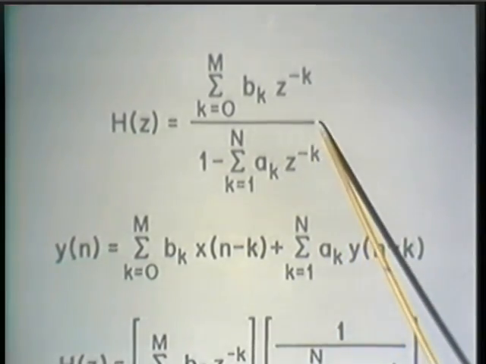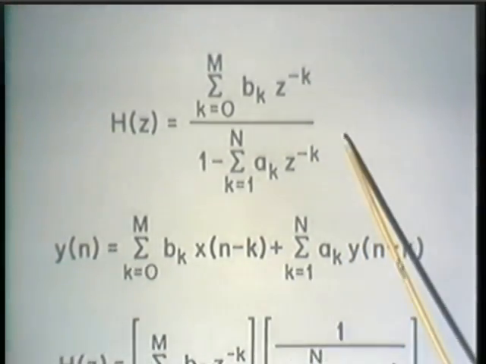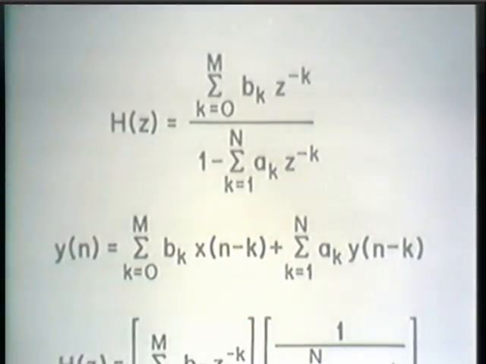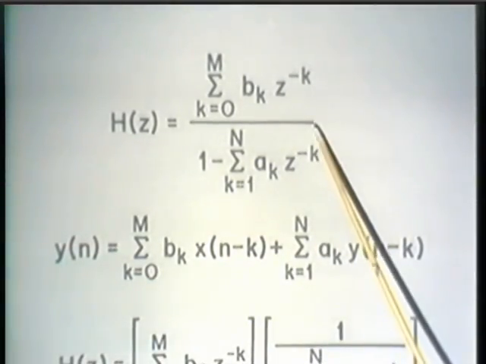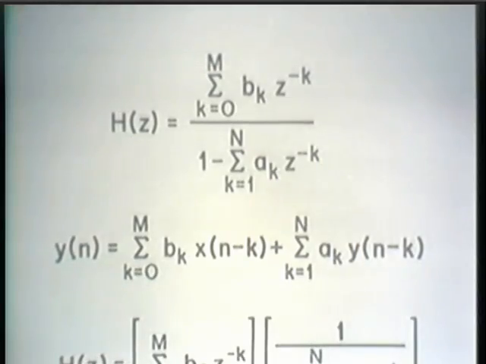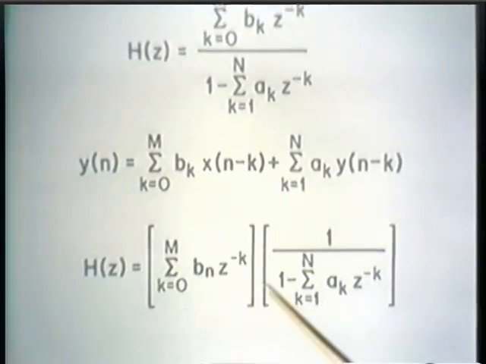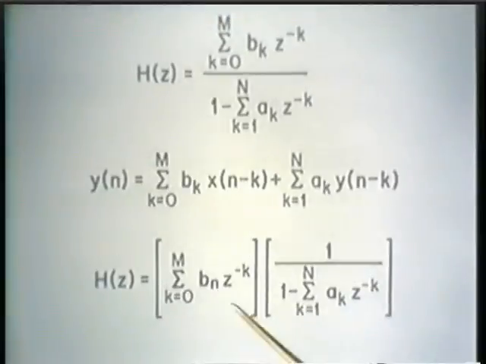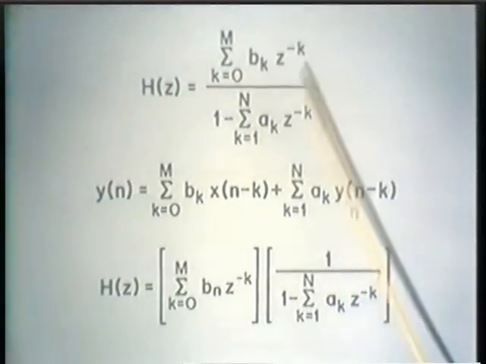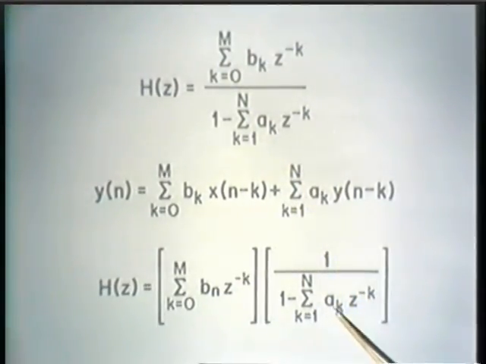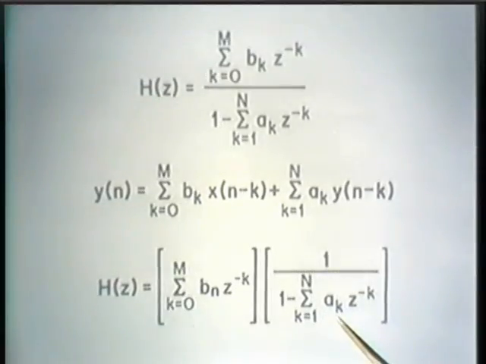There are a variety of ways in which we can rewrite a transfer function of this form. One possible way of writing this transfer function is, as I've indicated at the bottom, an expression corresponding to the product of two functions, the first representing the polynomial for the zeros, and the second representing the polynomial for the poles.